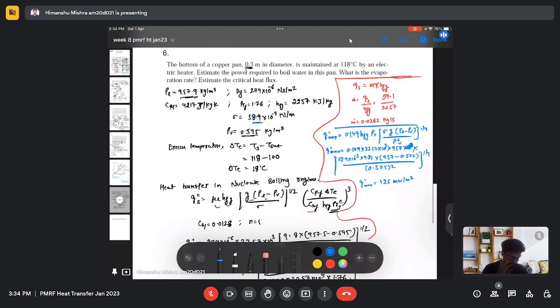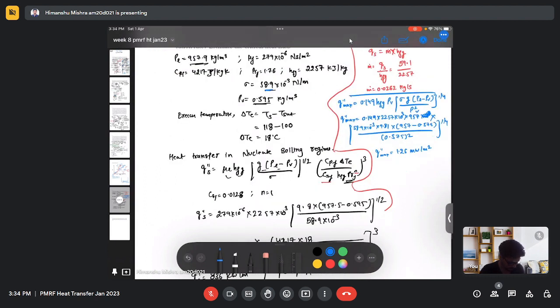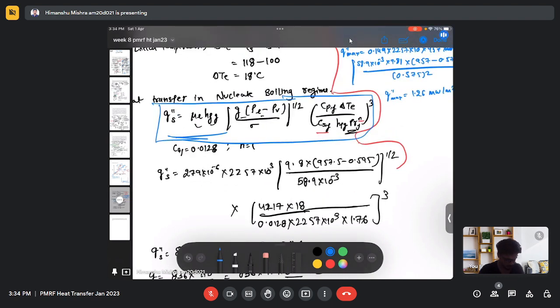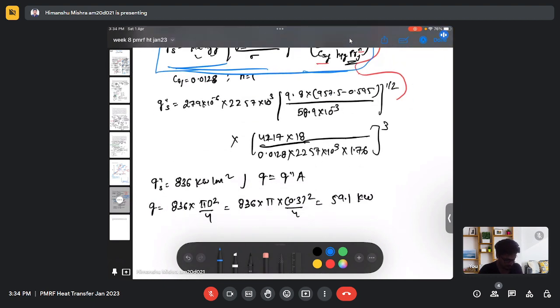So for the total heat transfer, we use the correlation for nucleate boiling. So this is my heat flux for the nucleate boiling. We found first the heat flux using this correlation, and then we multiply it with area to find the total heat transfer in the nucleate boiling region.